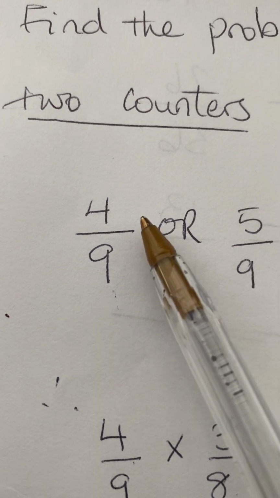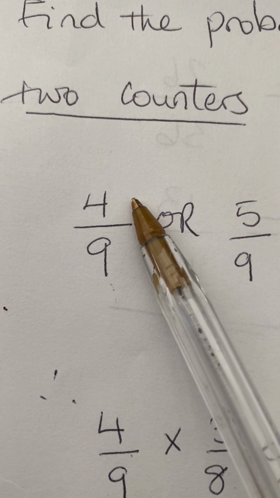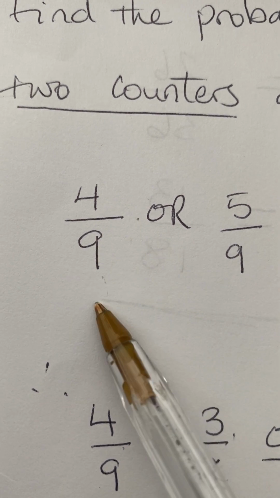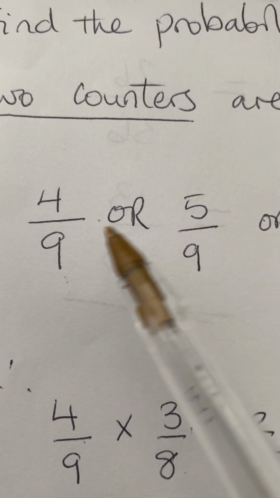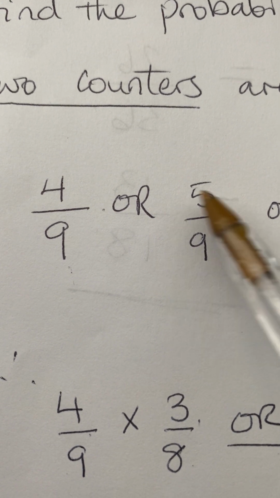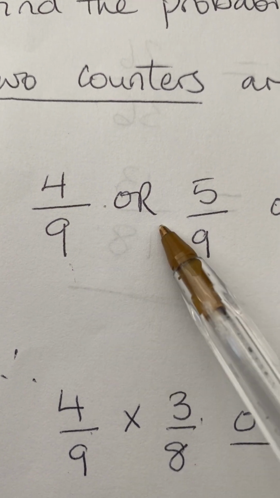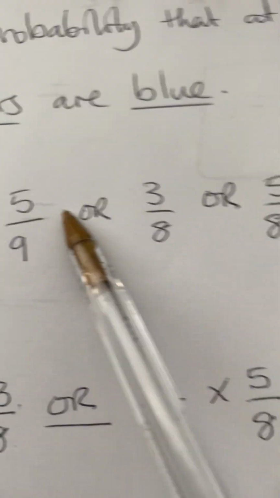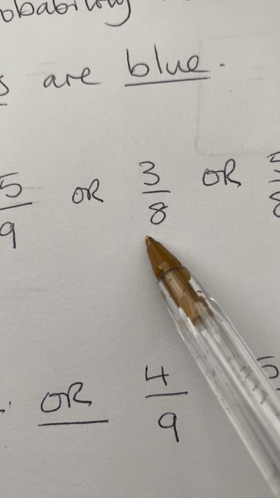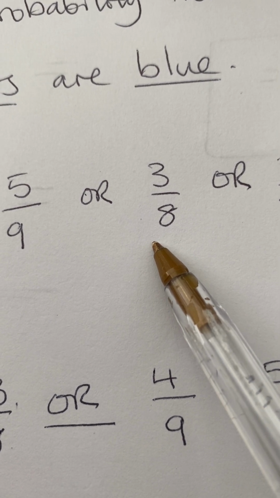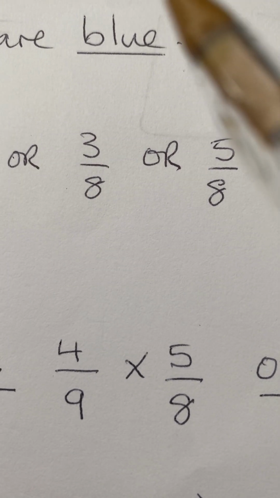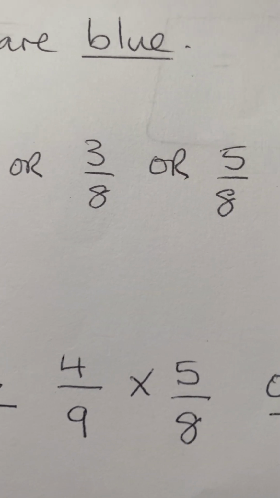So you have 4 over 9, 4 counters out of 9, okay? That's what you're starting with. And then 4 of them are blue, 5 of them are not blue. So you have 4 over 9, or 5 over 9, or 3 over 8. When you pick 1, blue, okay? Because anytime you pick, the 9 becomes 8.